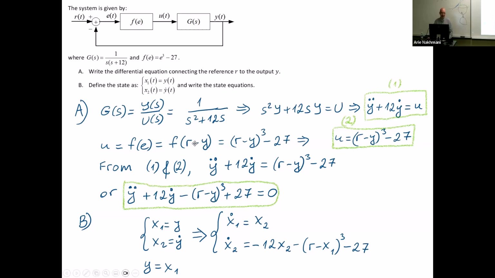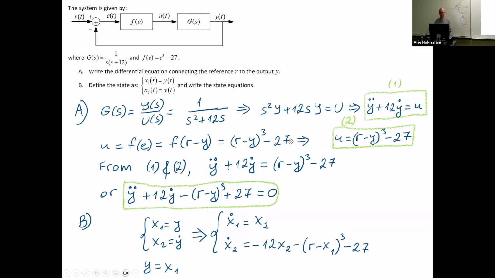I'm not writing it explicitly, but you can write that e equals r minus y. So I'm substituting that e here and getting f of r minus y. So far? All right. What is that function? This function takes whatever is inside the parentheses, cubed, minus 27. So I'm taking r minus y cubed minus 27. Clear?